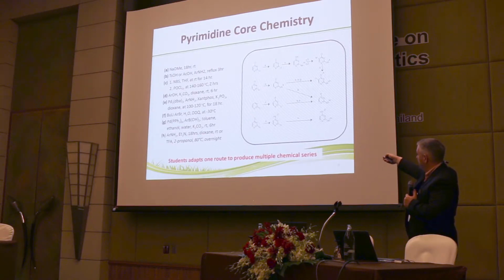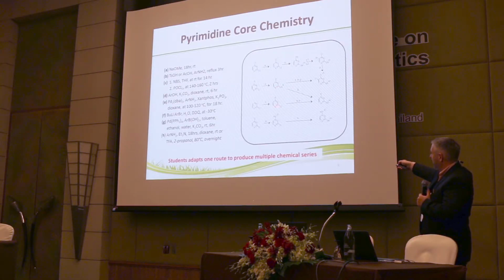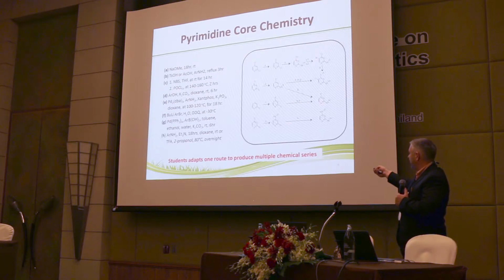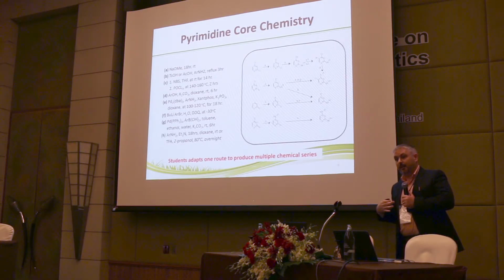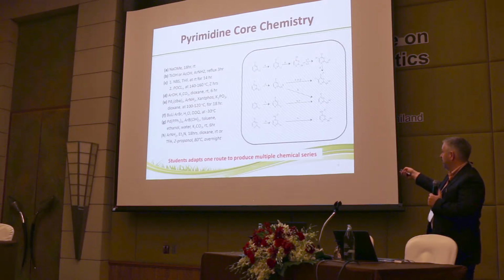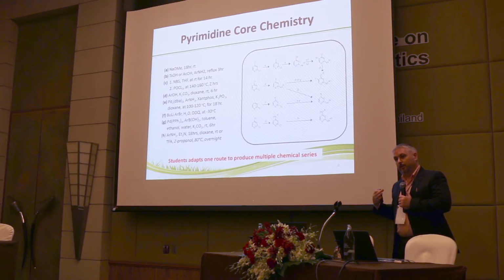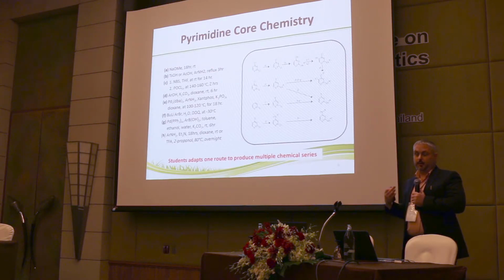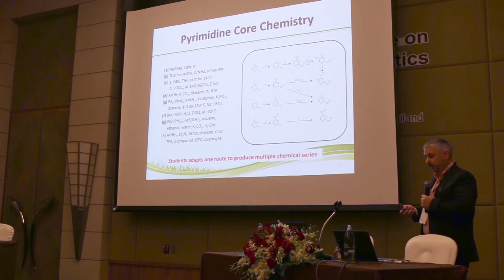We can use Buchwald-Hartwig amination. For difficult cases, we can use acid catalysis, or we can use base catalysis to add the amine at this position. So using the same reagents and the same methods, we can generate relatively straightforwardly quite a large number of chemotypes.